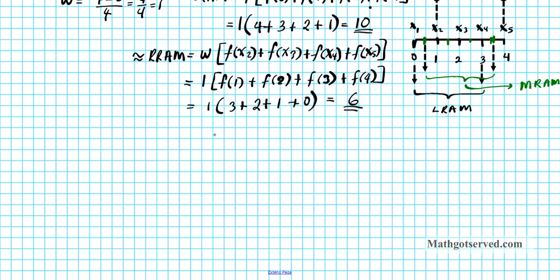Alright, next thing we're going to do, lastly, is the midpoint rectangular approximation. So we're going to have the width times f of the average of our intervals here.